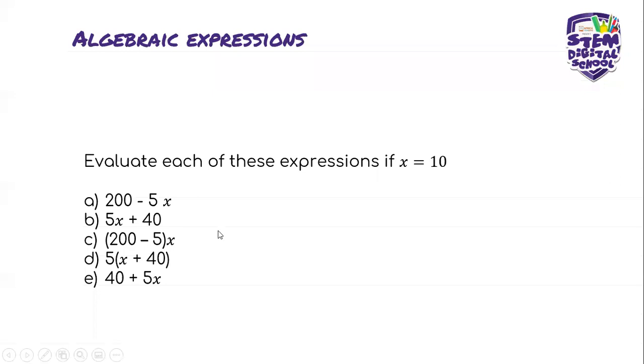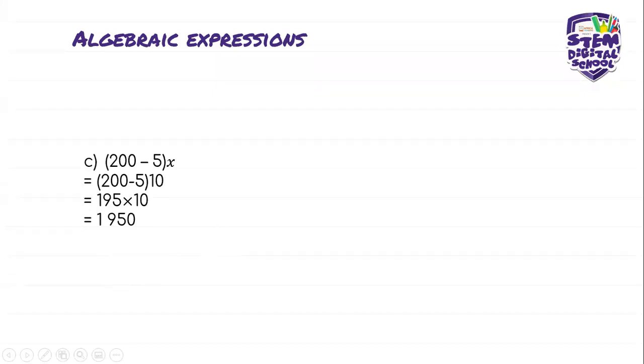So in other words, this is how you'll proceed with the C. You'll have 200 minus 5, which is 195. And remember that the value of x is 10. So you put your 10 there, that's how you substitute, and 195 times 10 will give you 1,950.